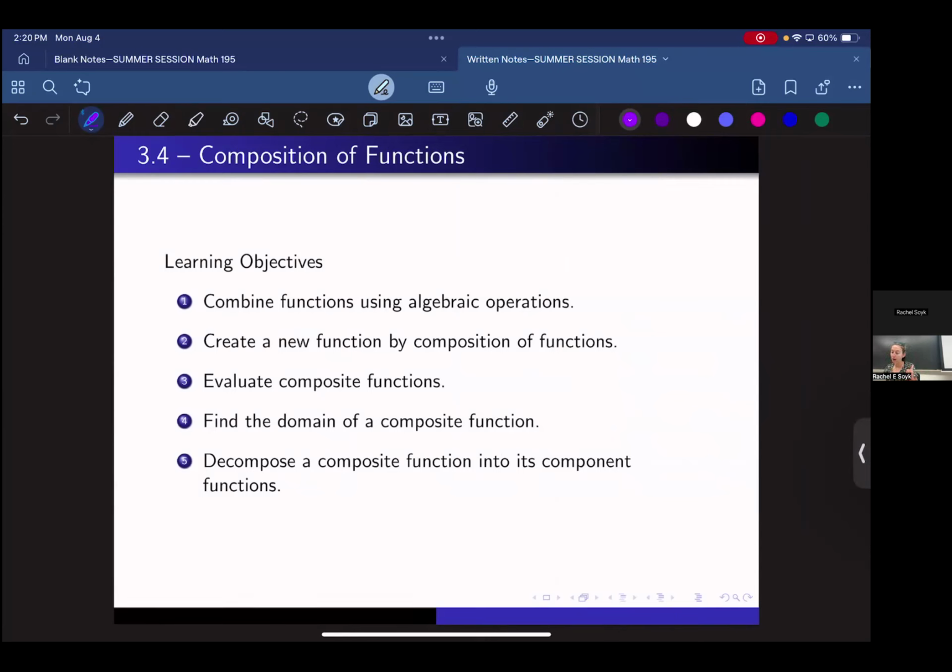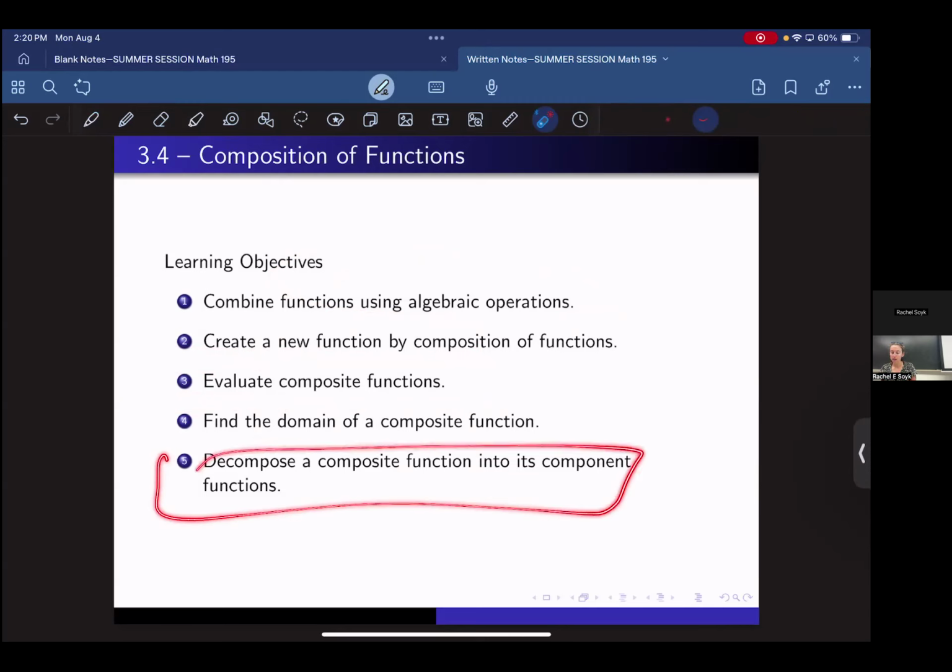So we'll be able to combine functions using algebraic operations. We'll be able to create new functions by composition of functions. We'll do loads of practice with evaluating our composite functions and finding the domains of composite functions. And then our last part, we'll do some examples being able to decompose a composite function into its component functions.